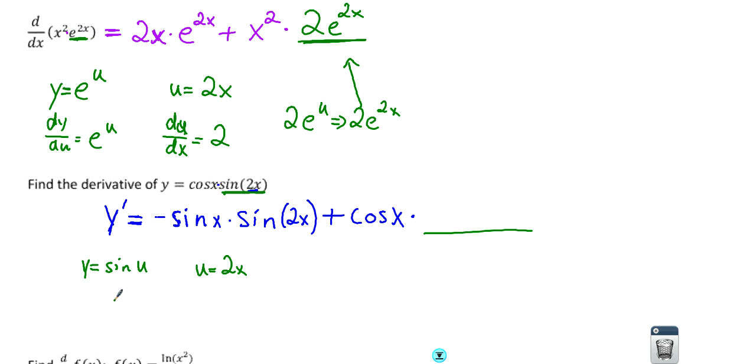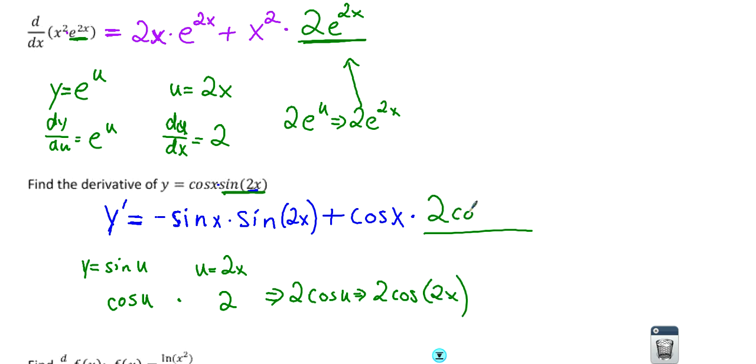The derivative of sine u is cosine u, and the derivative of 2x is 2. We multiply them, and we get 2 cosine of u, which is 2 cosine of 2x. And that's what we put here. And that finishes out our product rule.